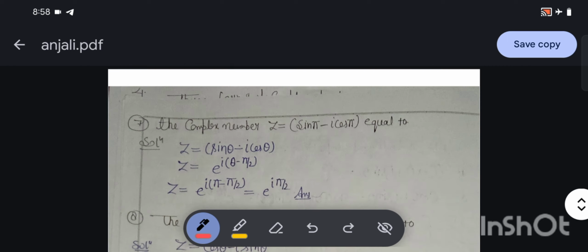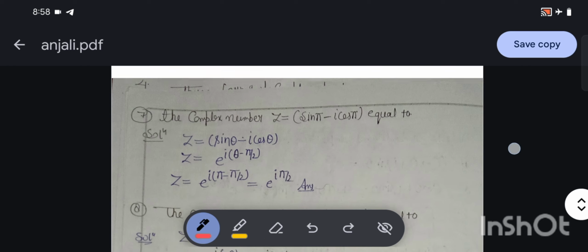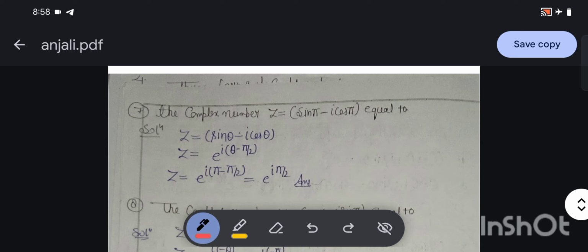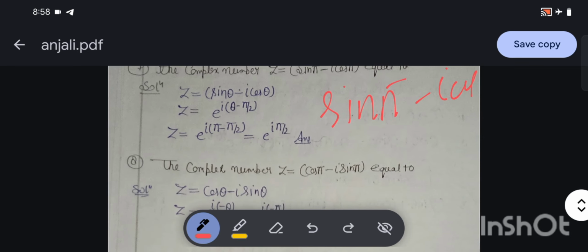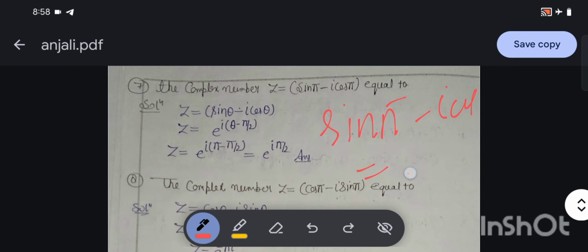One example is the complex number z equal to sine pi minus iota cos pi. The formula for sine theta minus iota cos theta is e to the power iota theta minus pi by 2.